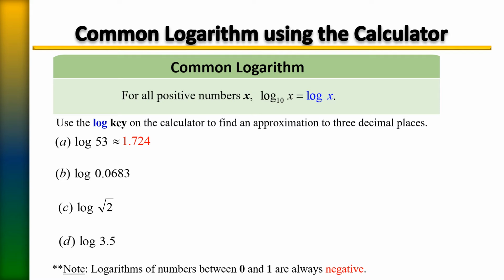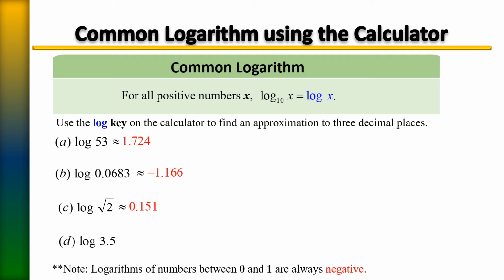Again, recall that whenever you are finding the log of numbers between 0 and 1, you should expect a negative value. Next, I want you to go ahead and find the log of the square root of 2. What you should get is an approximate decimal of 0.151.